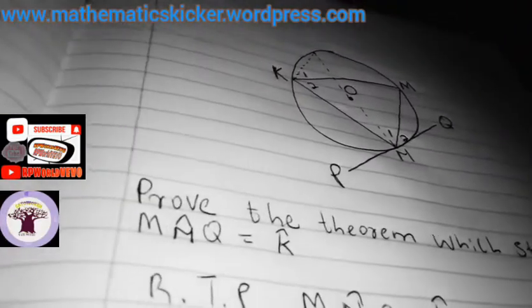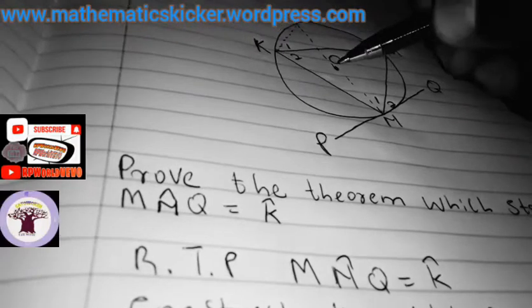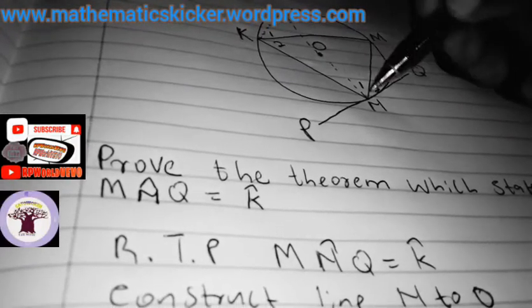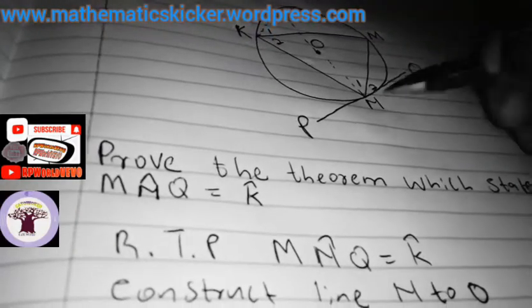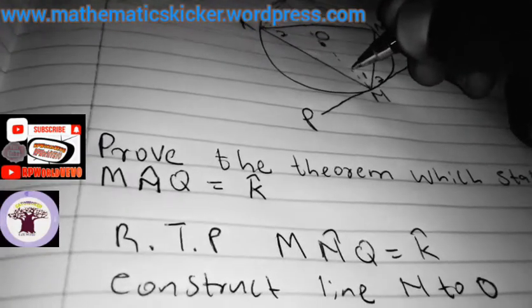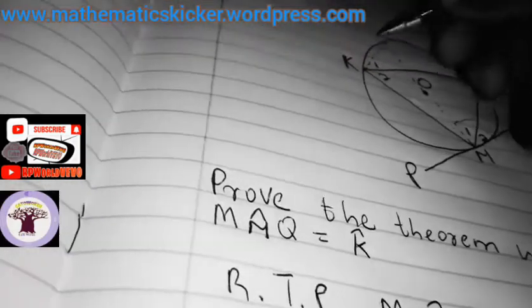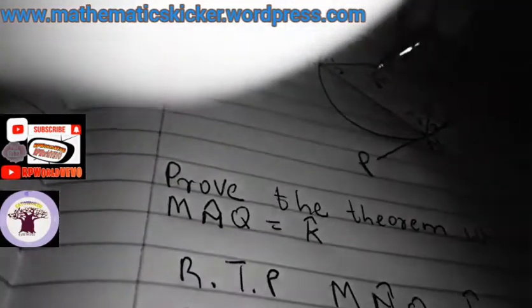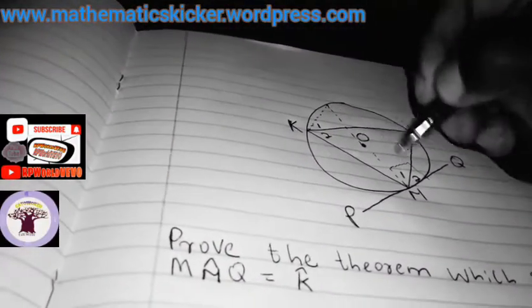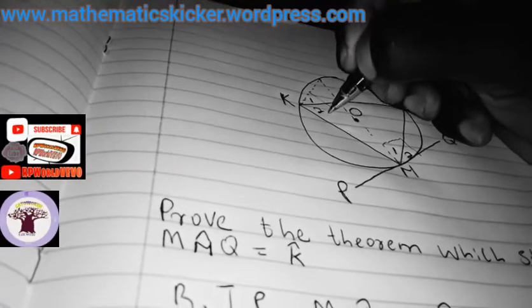You realize that we have a radius there, and this radius is perpendicular to this tangent, which means we have an angle of 90 degrees here. And on this side, this thing is a diameter, and a diameter subtends an angle of 90 degrees.